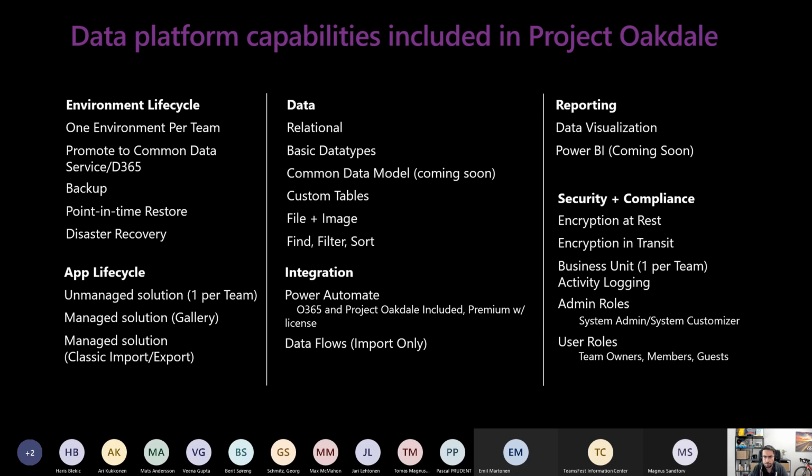And we have the possibility to use Power BI, which is coming soon, to create reporting inside Project Oaktail. And of course, you have to remember that it's all covered by enterprise security and compliance. All the data is encrypted, and there are a lot of configurations to make things secure inside Project Oaktail.